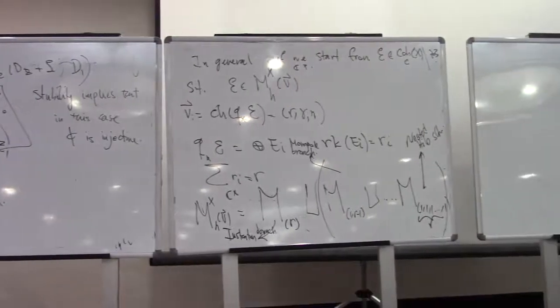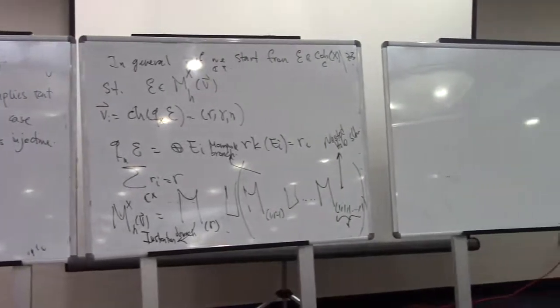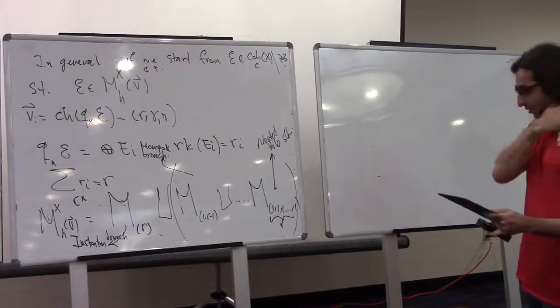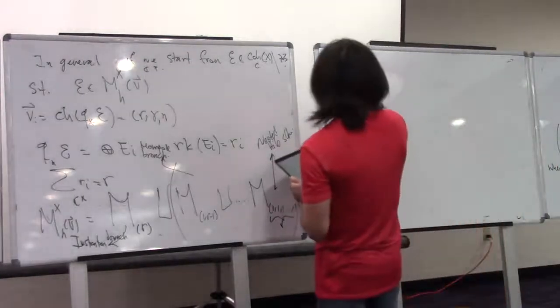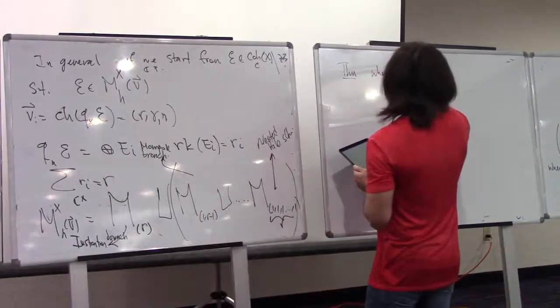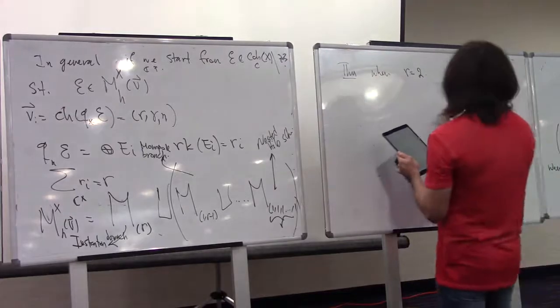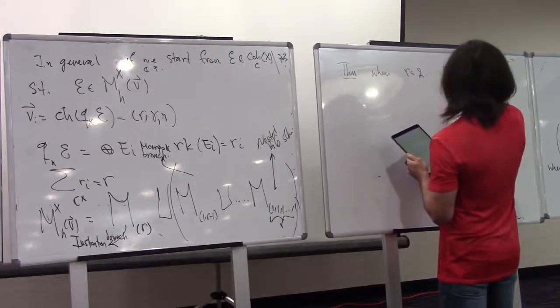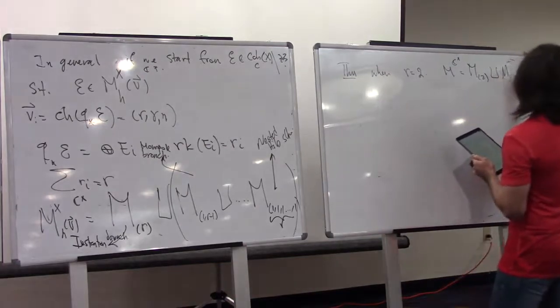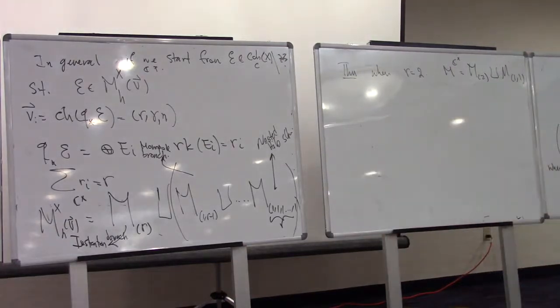So now some results. Okay, so here's the theorem. When R is equal to 2, the only possible partitions are the instanton branch together with the twofold nested Hilbert scheme.